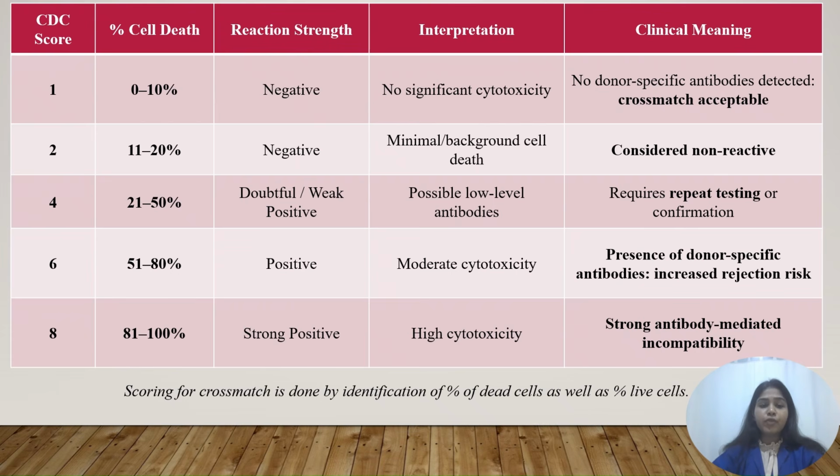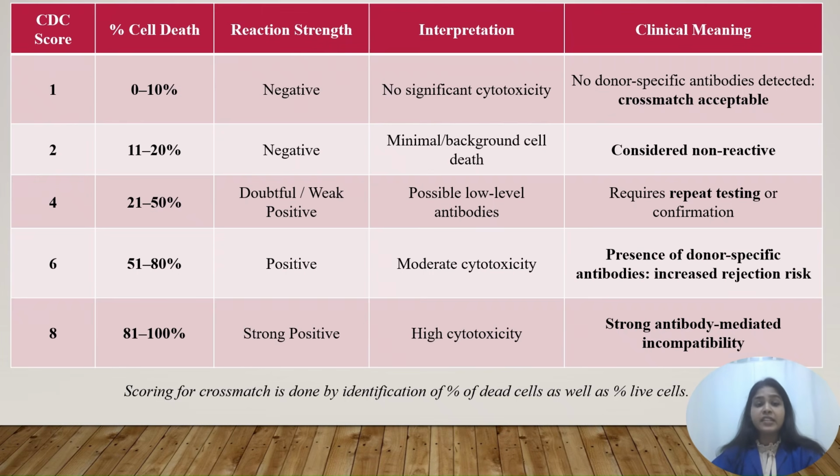For CDC score number 4, there is 21 to 50% cell death. It is doubtful and weakly positive, but as it sounds positive, we need to worry. There is a possible low level of antibodies, but we need repeat testing or confirmation. Here, for CDC score number 6, there is 51 to 80% cell death.